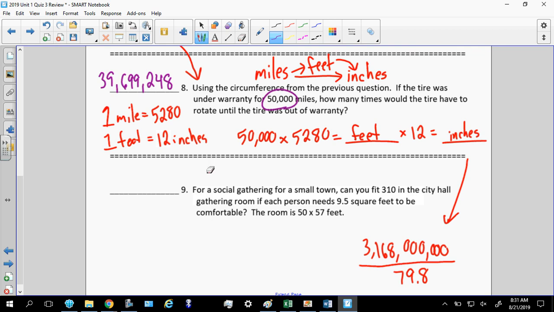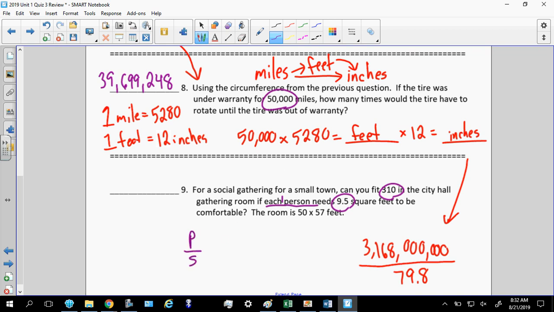All right, question number 9. For a social gathering for a small town, can you fit 310 people in the city hall gathering room if each person needs 9.5? This is a people over space situation. Now again, practice.